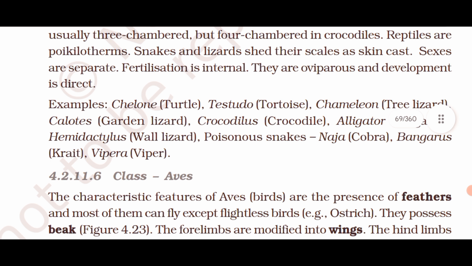Examples: Chelone, known as turtle; Testudo, known as tortoise; Chamaeleon, known as tree lizard; Calotes, known as garden lizard; Crocodilus, known as crocodile; Alligator, known as alligator; Hemidactylus, known as wall lizard. Poisonous snakes are Naja, known as cobra; Bungarus, known as krait; Vipera, known as viper.